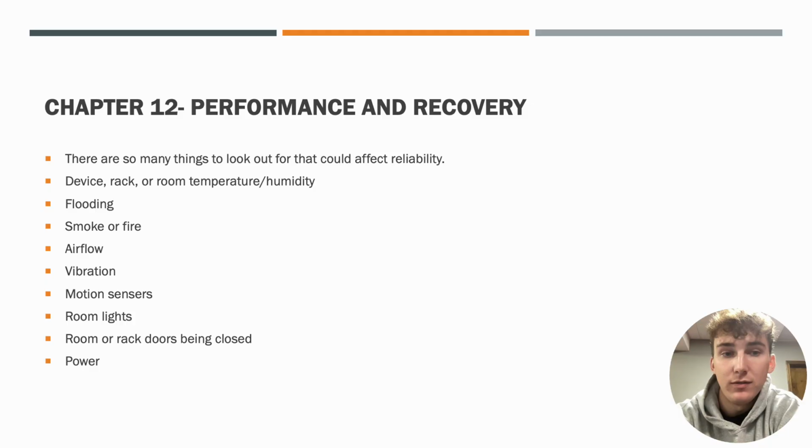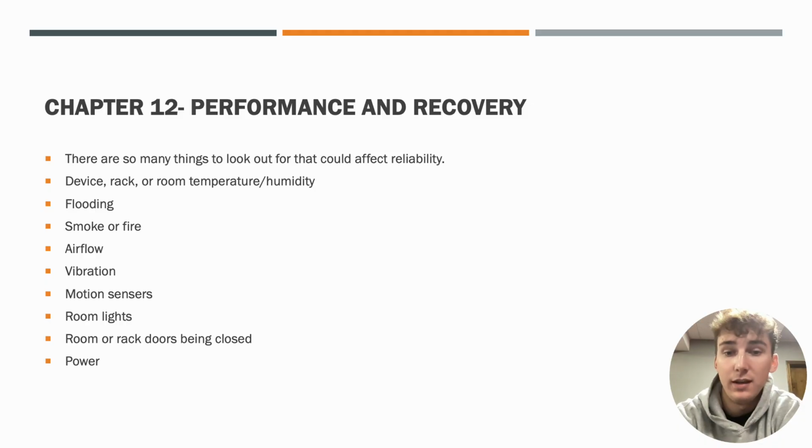So chapter 12 is performance and recovery. There's a ton of things that you look out for that could affect your reliability, stuff you might not always think about. So your device rack or room temperature plus the humidity can actually improve your performance or very severely dampen your performance.